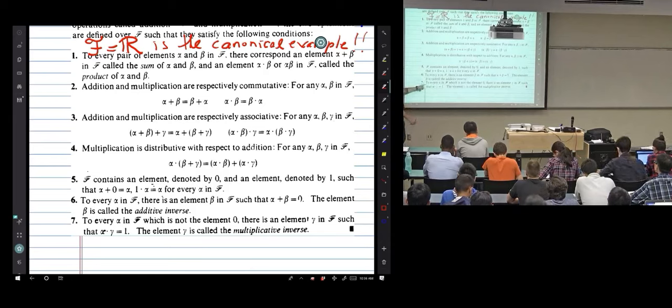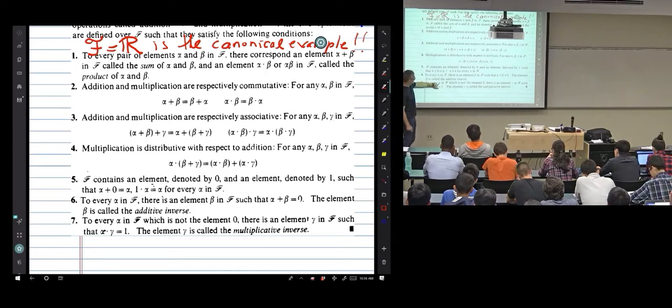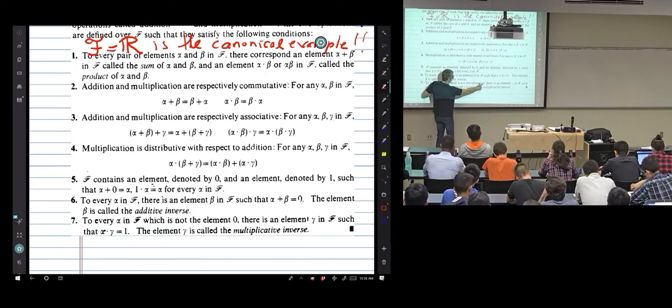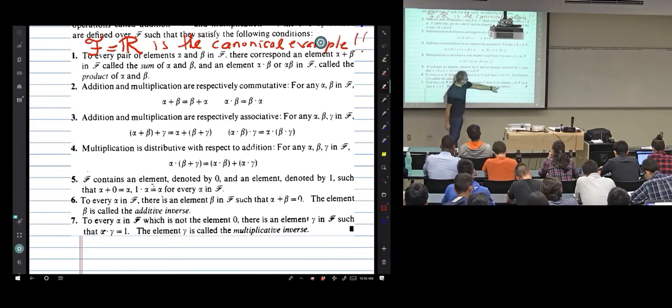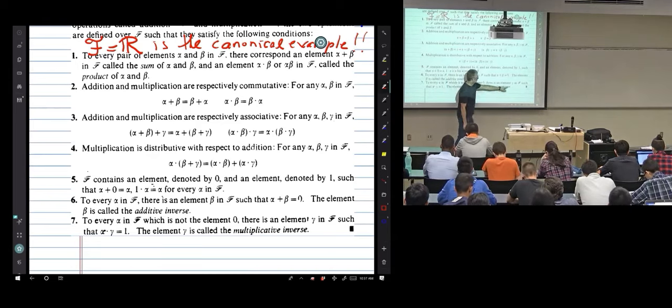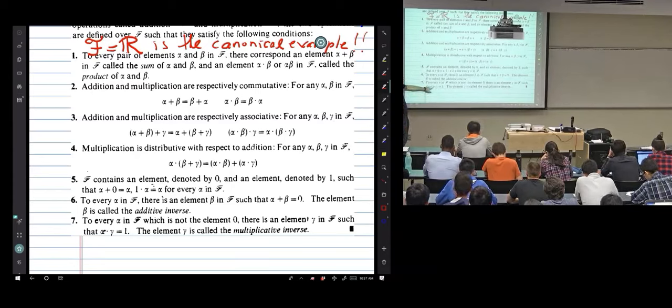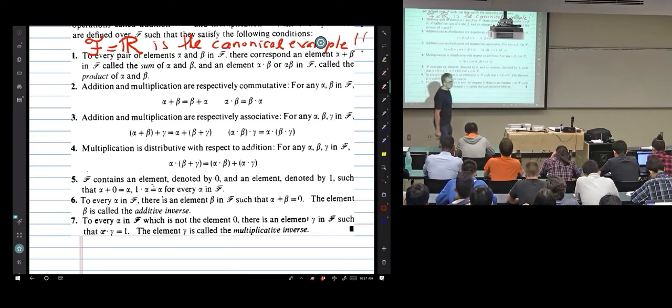And then, if you have an element of the field, so a scalar, and it's not equal to the 0 element, it has a multiplicative inverse. So there's another element in the field such that when you multiply alpha times that element gamma, you get the unit back, 1. Okay, so those are the definitions of a field.